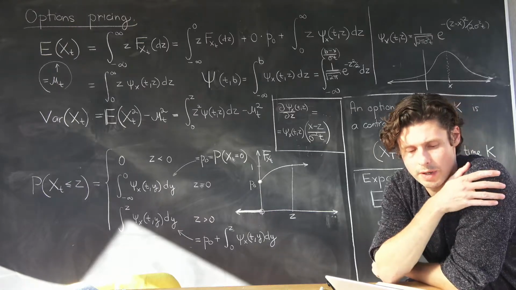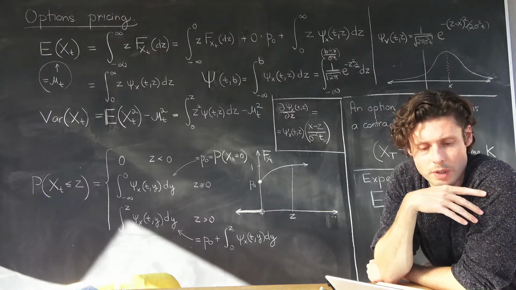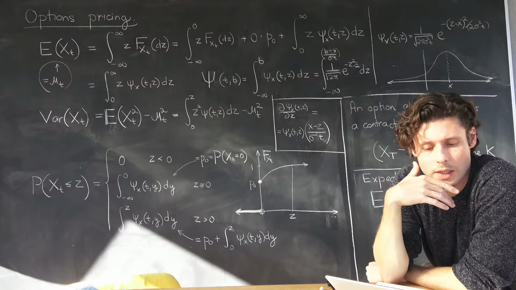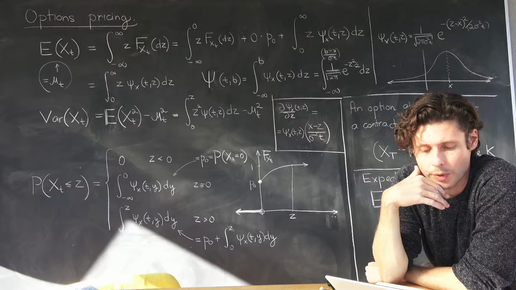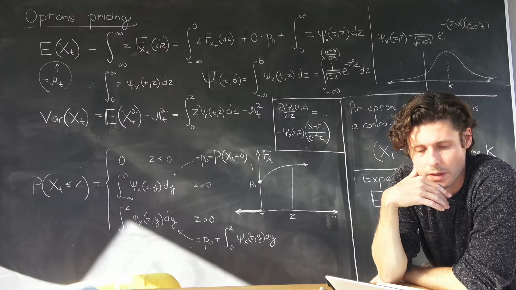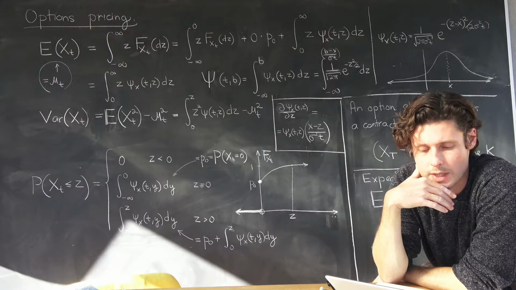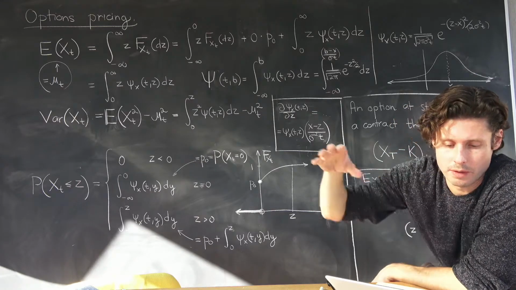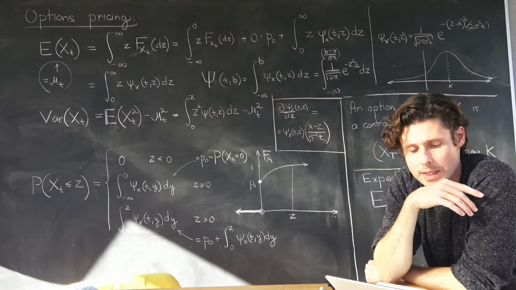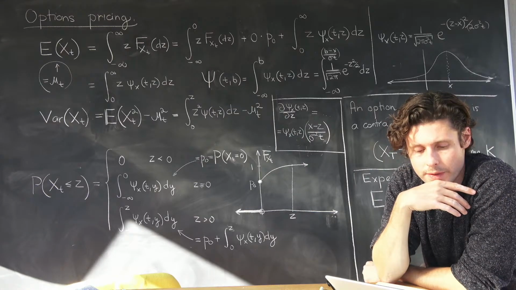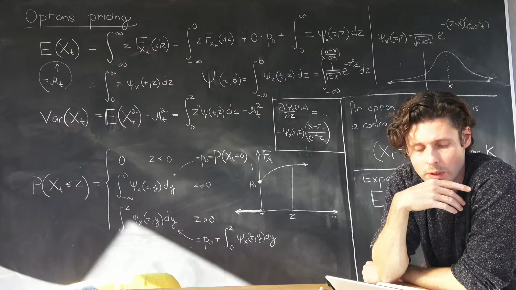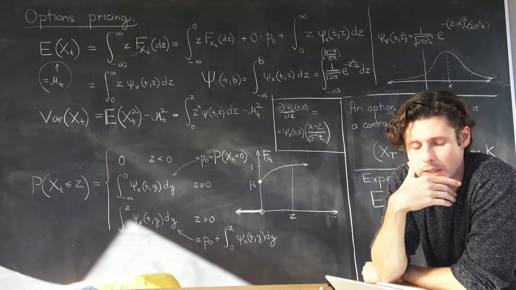So, even outside of the option setting, just when it comes to investing, say in the stock market, it's useful to be able to compute a few statistics for the underlying model of the price that you have. So, here in the first line we're computing the expected price of that stock, or that asset in general, at time t.